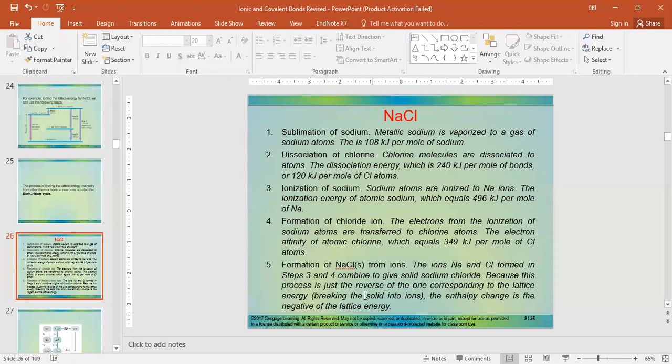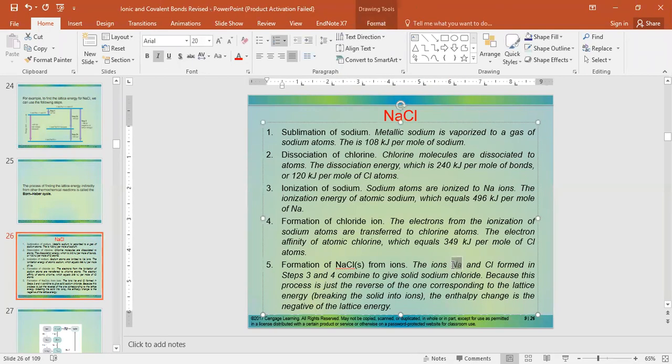And that is where we are saying that for the formation of sodium chloride from ions, we have only one. We actually started with one atom of sodium and two atoms of chlorine, but what we require from that is one atom, and they are going to combine, and what is going to be formed is just sodium chloride.